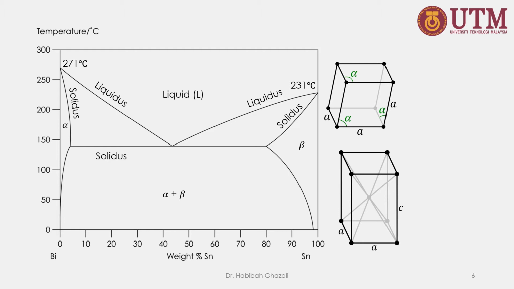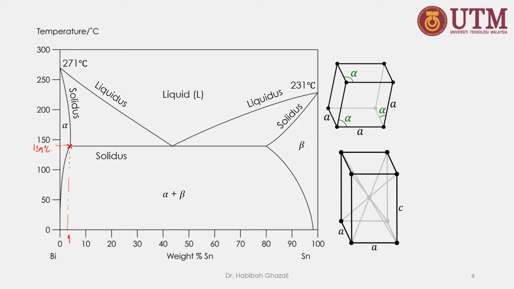So as you can see here, there are two types of solid solution, alpha solid solution and also beta solid solution. So this solubility limit can be explained by these two points here. I will start with this point here. This point represents the maximum solubility limit of tin inside bismuth. So at this point, at 139 degrees Celsius, the maximum solubility limit of tin inside bismuth is about 4%.